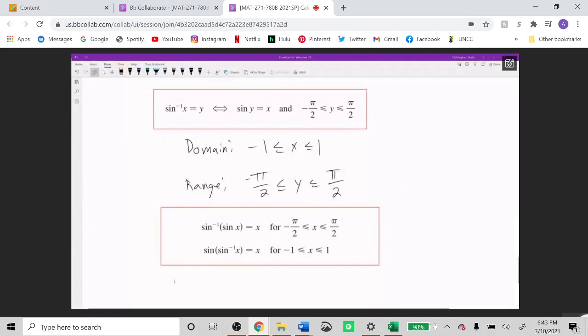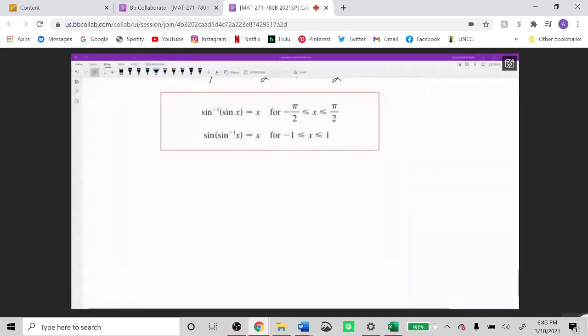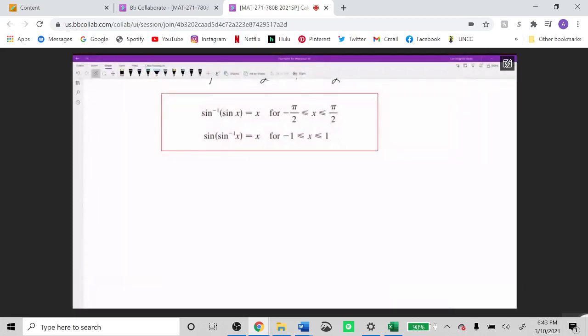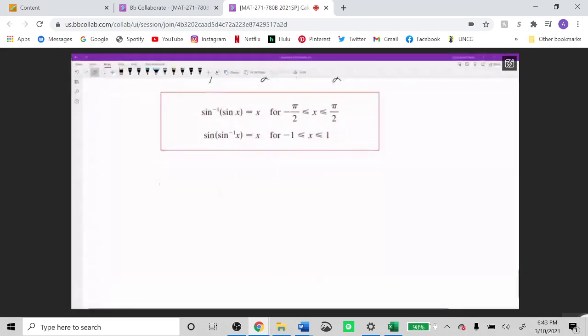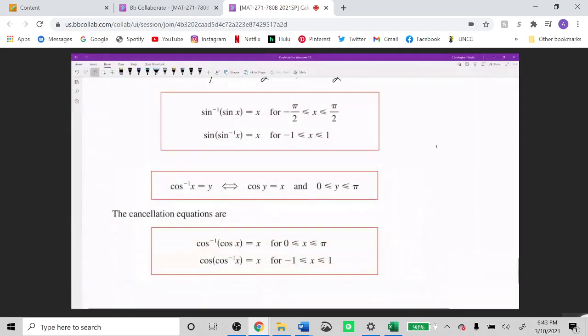Same stuff goes for the cosine function, except the cosine function is slightly different, or the arc cosine function, the inverse cosine function. Cosine inverse of x is equal to y if and only if cosine of y is equal to x, and y is between 0 and pi.